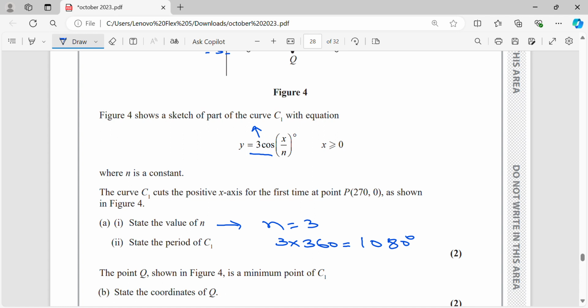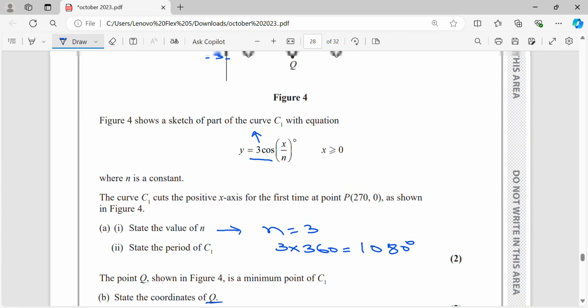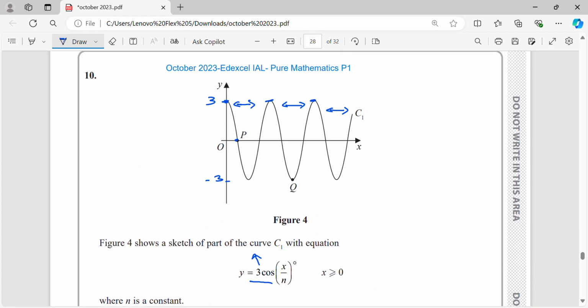Right, the point Q shown in figure 4 is a minimum point of C1. State the coordinates of Q. So Q is the minimum point, and I know that the y value here is -3, so I can say that y is -3.